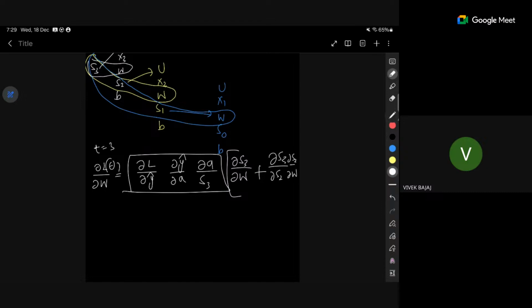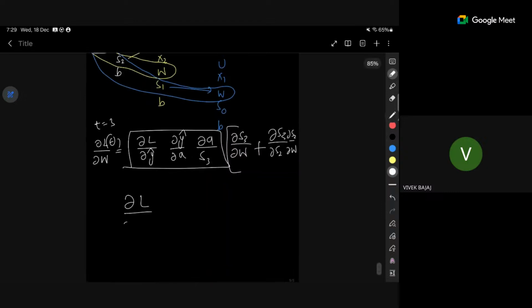You can write dow L by dow S3, then summation of T equal to 1 to T of dow S T divided by dow S T minus 1, and what is left, dow S1 by dow W. So something like this you'll get.